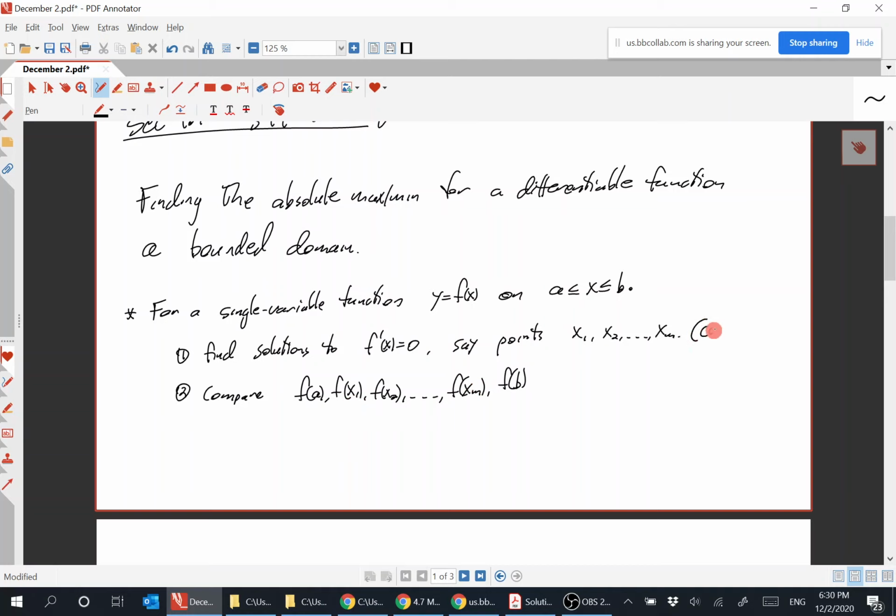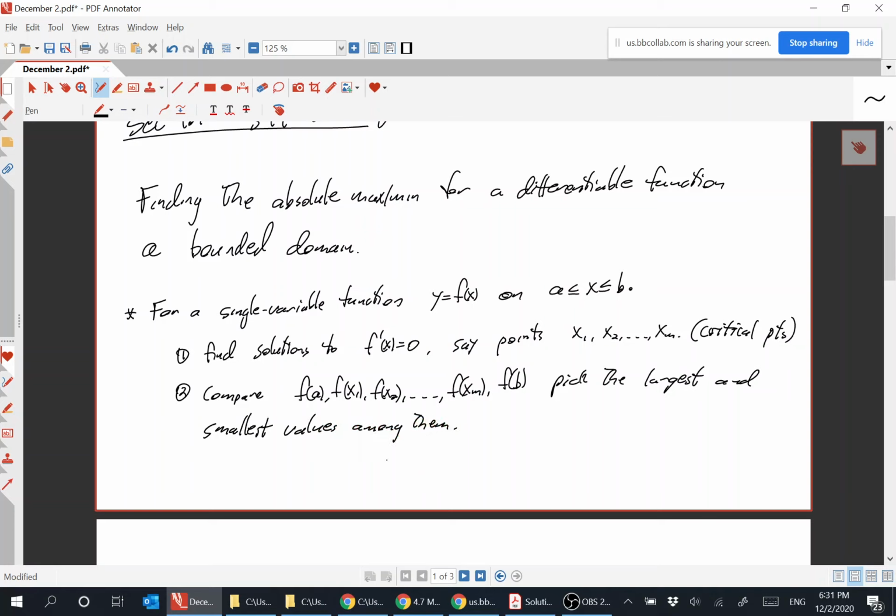All right, these are called critical points. Right, and then compare f on the critical points and on the endpoints. So compare these, pick the largest and smallest values among them.